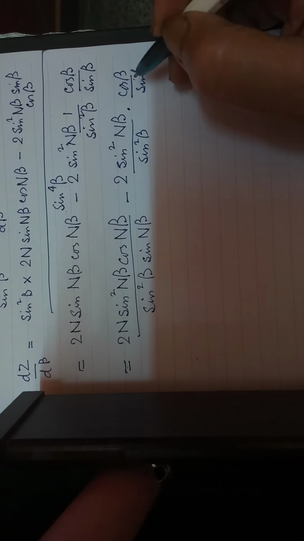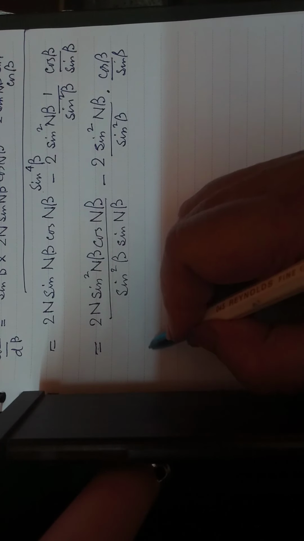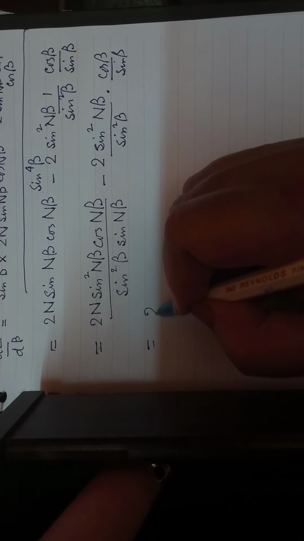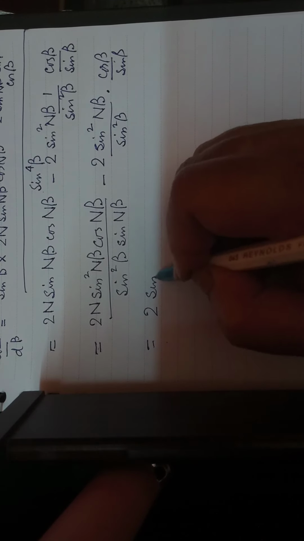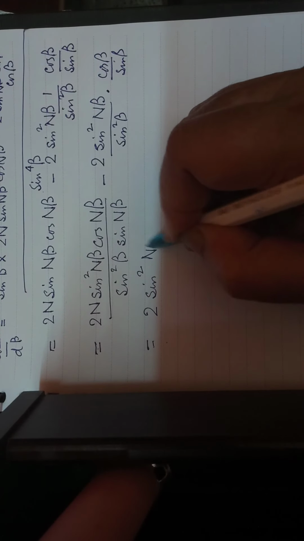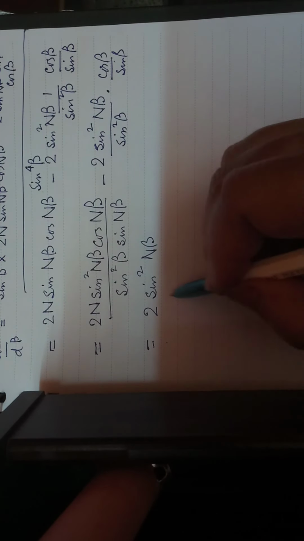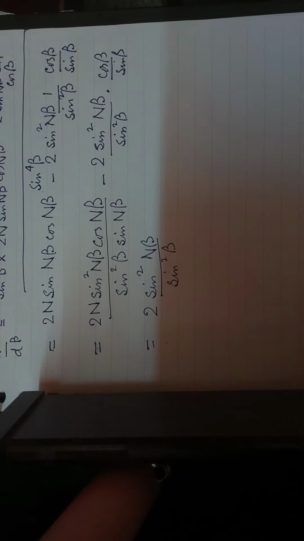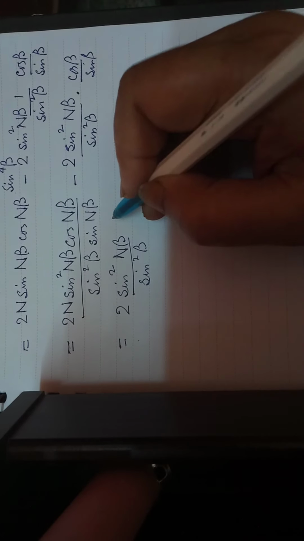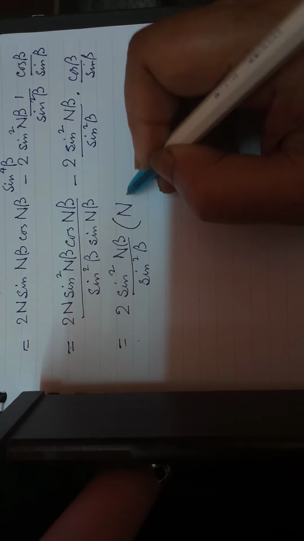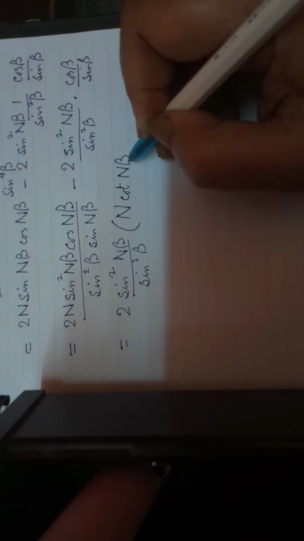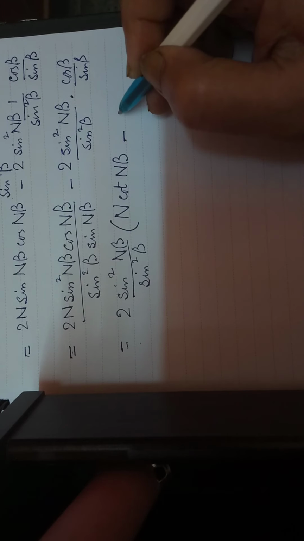Now you will get this in your books also, because they have done it in your books. So please proceed with this calculation yourself. This is what you get as your ultimate expression: 2 sine square n beta by sine square beta into n cot n beta minus cot beta.